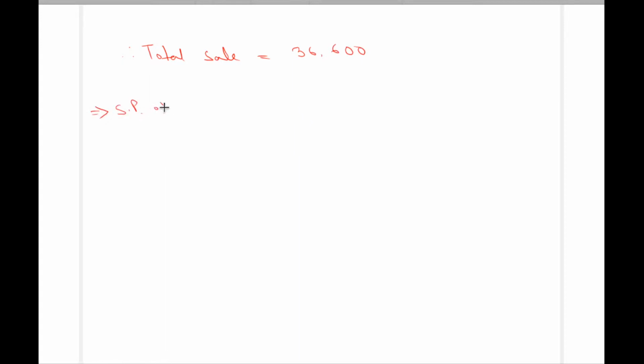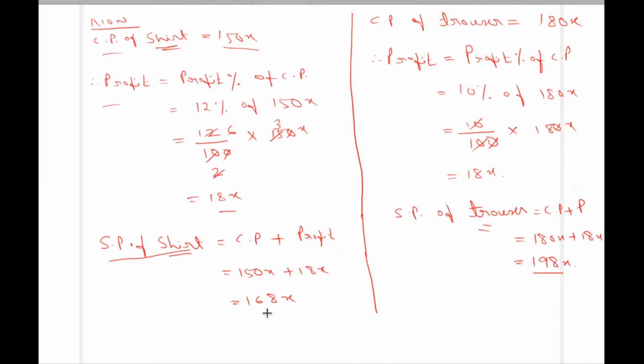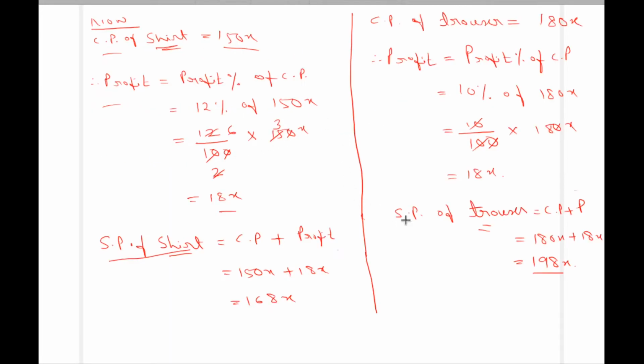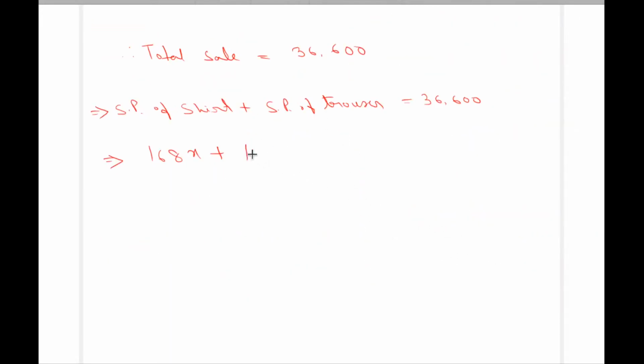Selling price of shirt plus selling price of trouser, which equals 36,600. Selling price of shirt is 168x and selling price of trouser is 198x. 168x plus 198x equals 36,600.